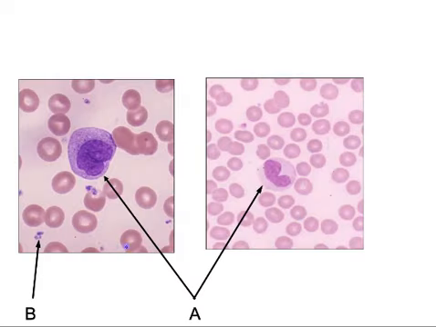B is another platelet, right? We already know what platelets do. And A is a monocyte. Monocytes become macrophages, and macrophages' job is to serve as what's called an antigen-presenting cell. So what they do is they phagocytose an invader.